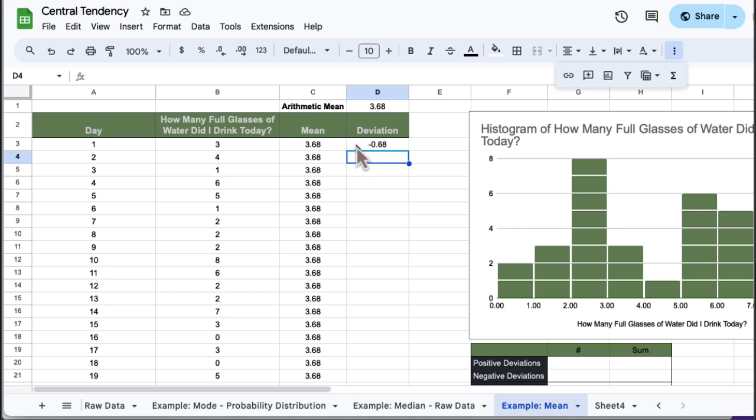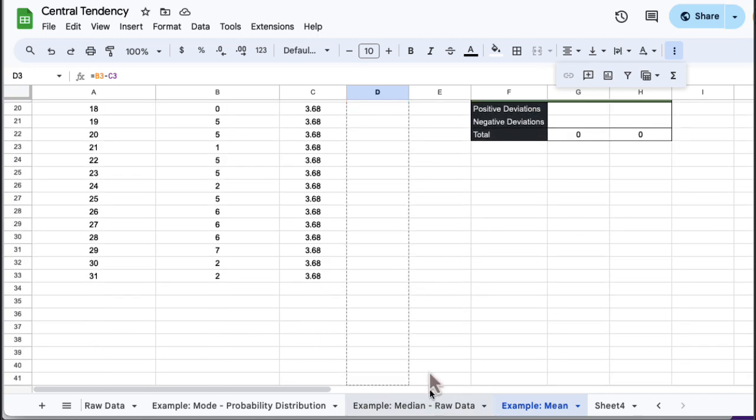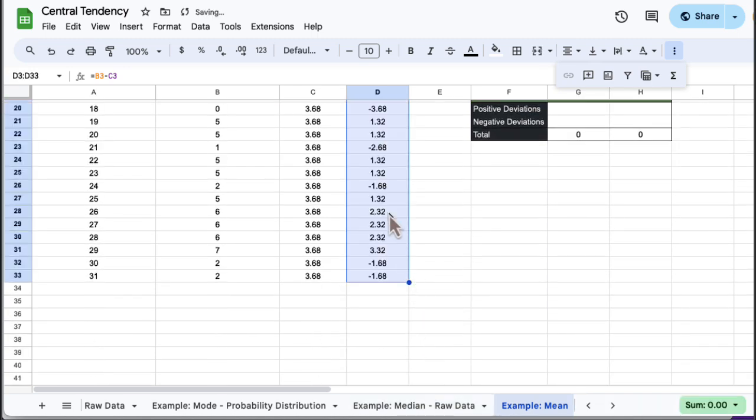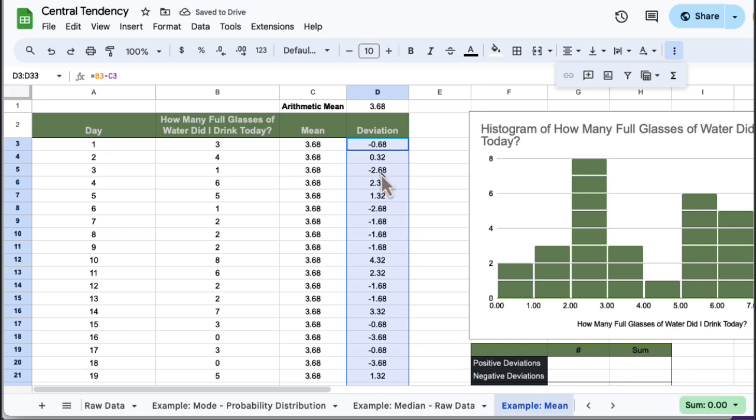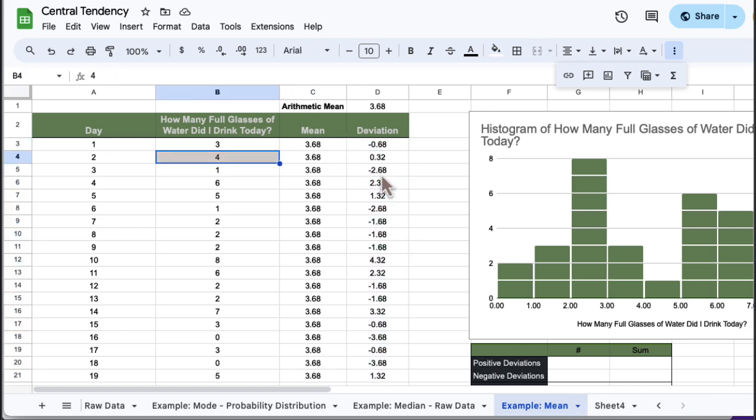So some of my deviations will be below the mean, and some of my deviations will be above the mean. And we are going to just drag all the way down the column, and it's going to repeat that formula. What actually happened minus what is the mean. And so on day 2, I consumed 4 glasses of water, which is 0.32 deviations above the mean of 3.68.